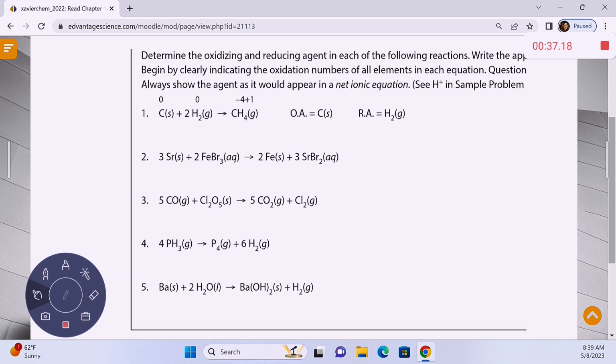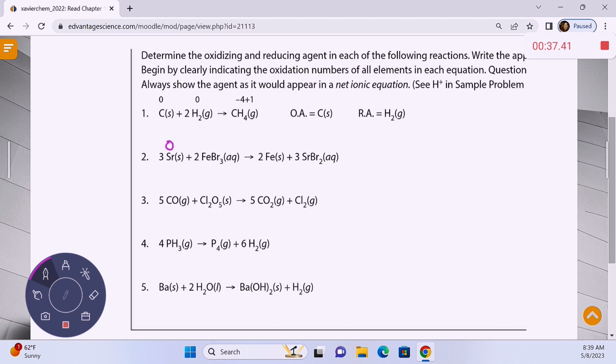So let me do number 2 with you first. We're going to assign oxidation numbers first. Here I have strontium. That would be elemental strontium. What's its oxidation number? 0. Okay. Then we have FeBr3.